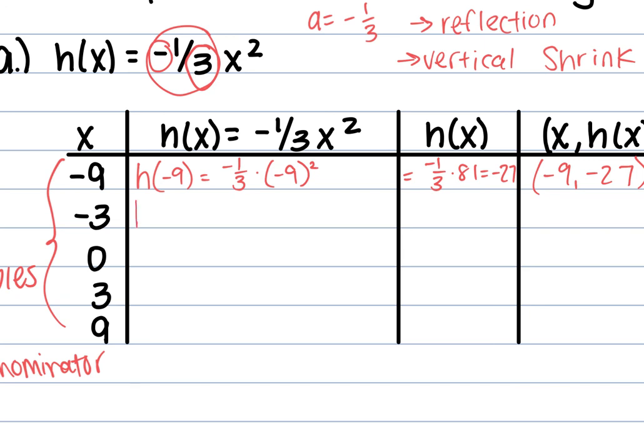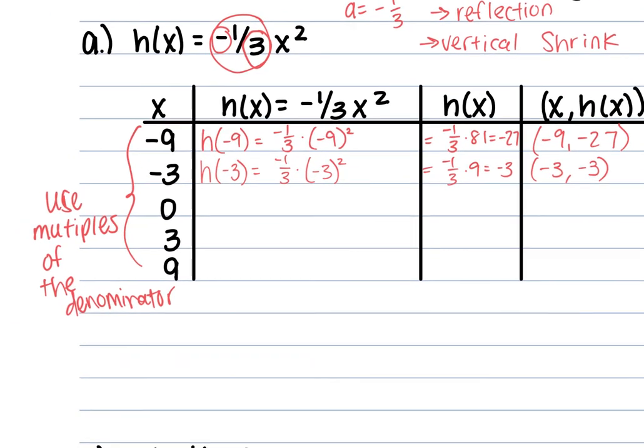It'd be n of -3 equals -1/3 and -3 in the parentheses to the second power, and then it'd be -1/3 times 9. Yep, and that equals -3. Good. So my next point is -3, comma -3. Excellent.